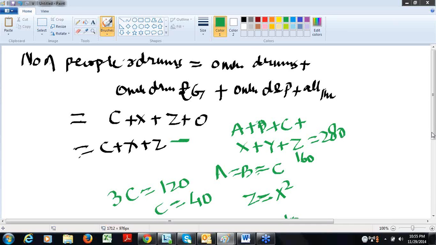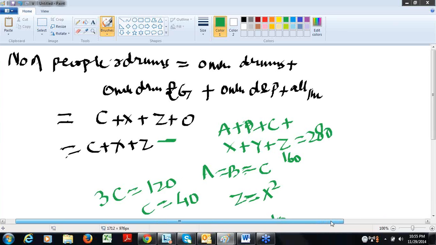Swati, it has been given in the question itself, Z is equal to X square. Everybody clear? Anybody still has an issue, just raise it right now. I'll give you 5 seconds. Then we can move ahead to the next question.